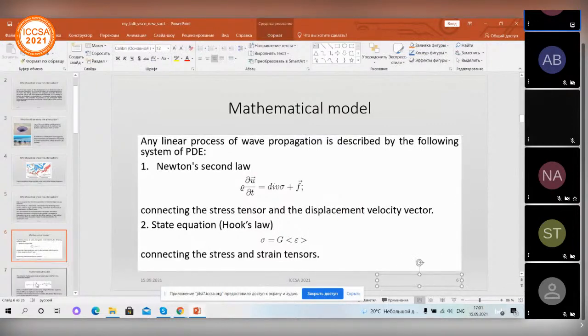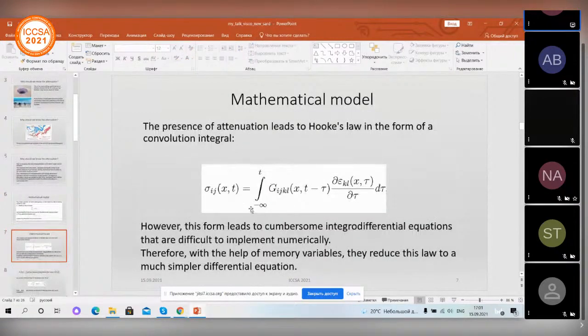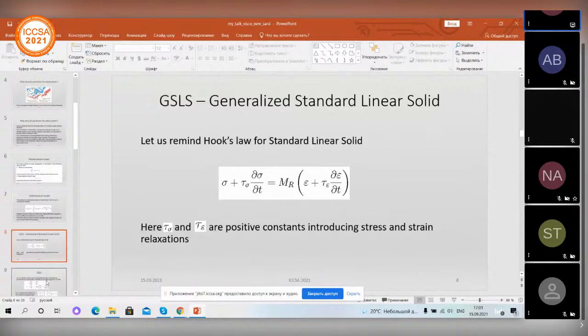That means the connection between the stress tensor and the strain tensor is done by a convolution integral with the Green function. There are a lot of different models which describe this behavior of the viscoelastic media, but we have decided to start with the generalized standard linear solid.